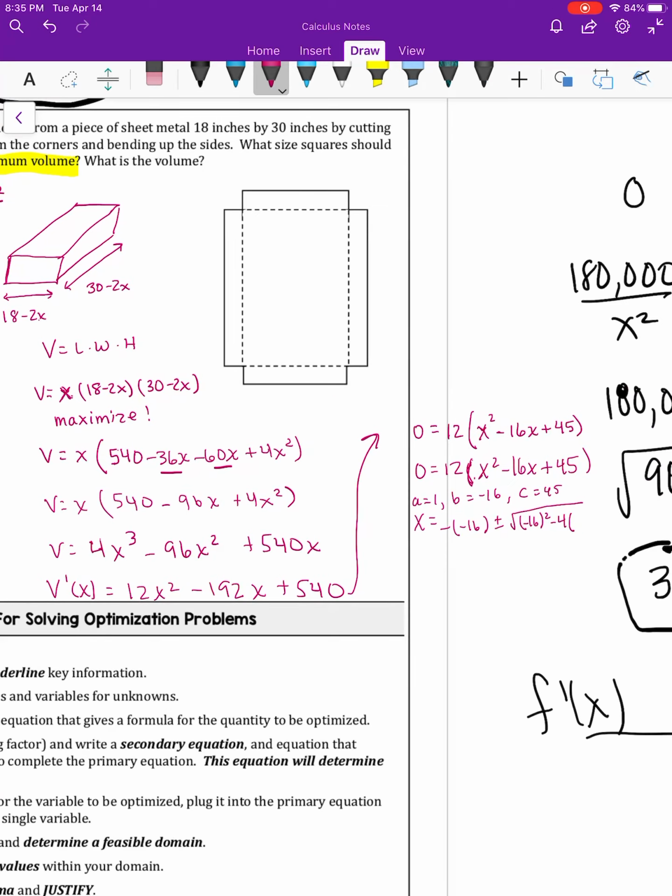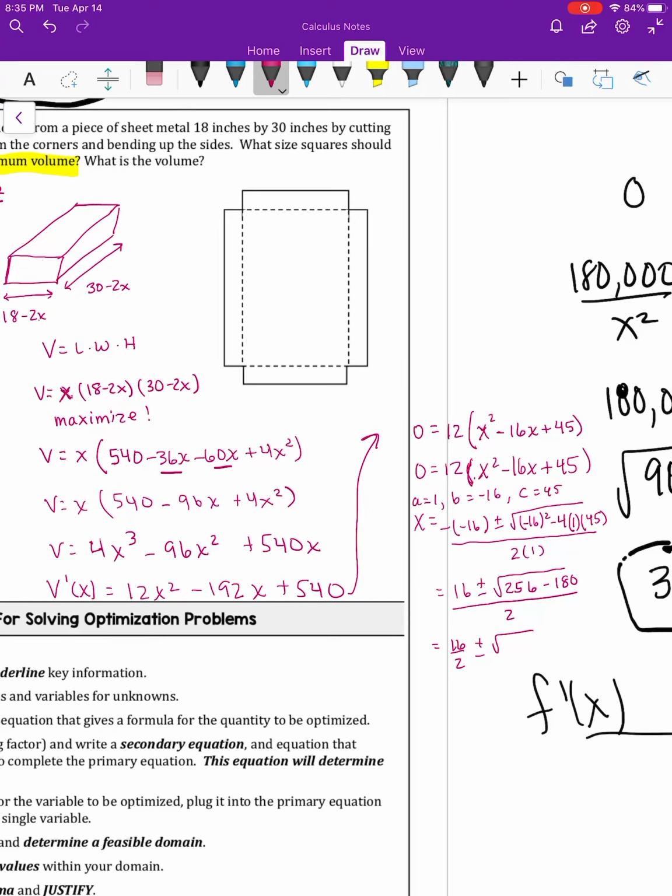So negative b plus or minus the square root of b squared minus 4 times a times c, all divided by 2 times a. So we have 256 minus 180 underneath the root.